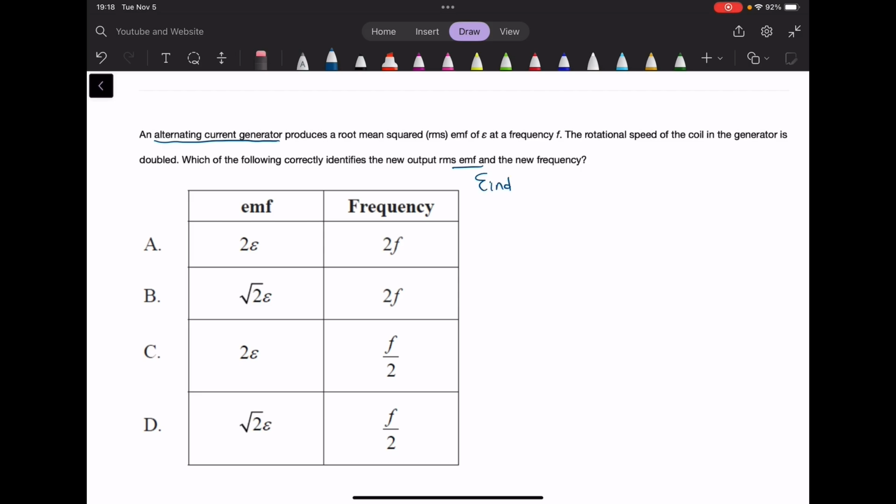And induced voltage is equal to negative N multiplied by the rate of change of magnetic flux.